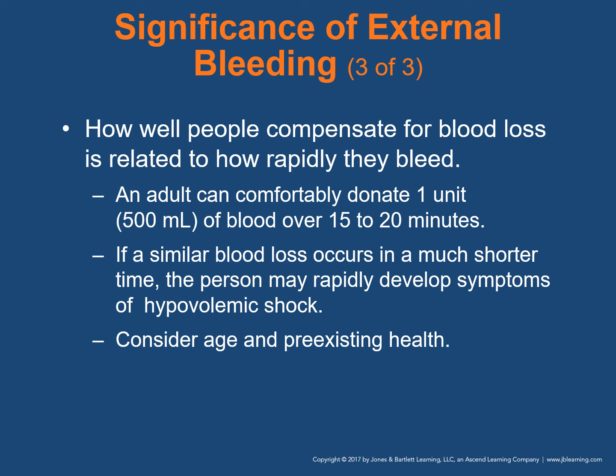It's also important to recognize that even if I'm compensating when you get there, if you don't act quickly and see this as a significant issue, I'm not going to compensate anymore and you'll have to catch up. So recognize that a significant external bleed should be treated quickly regardless of how well my patient is handling it.